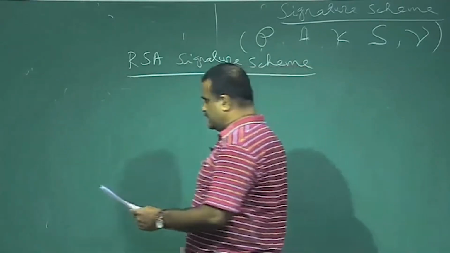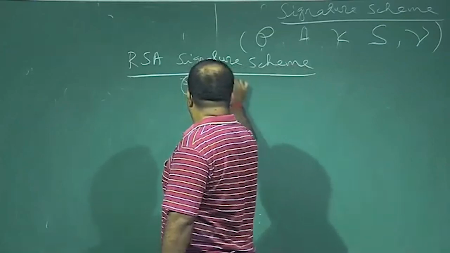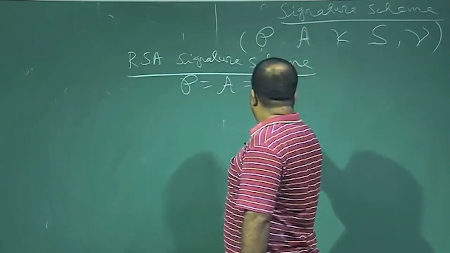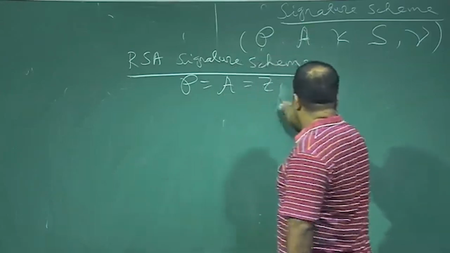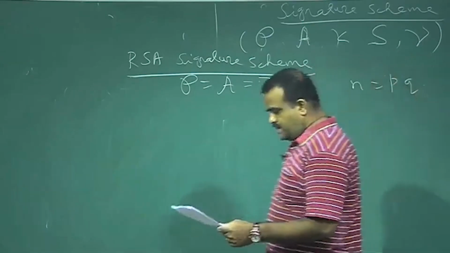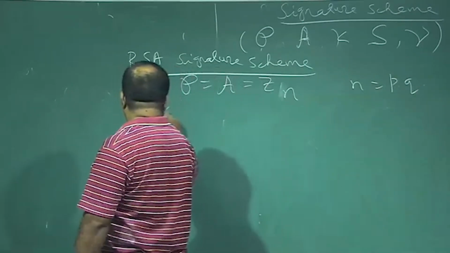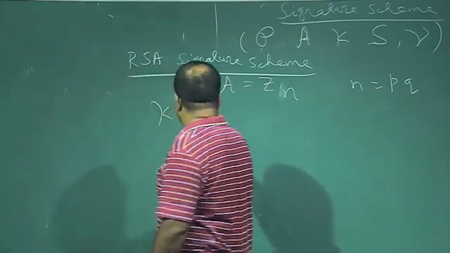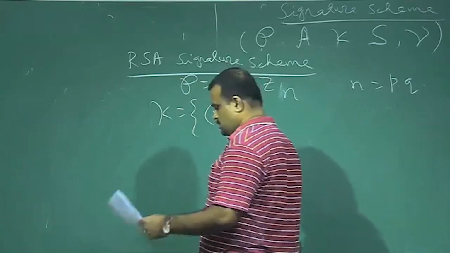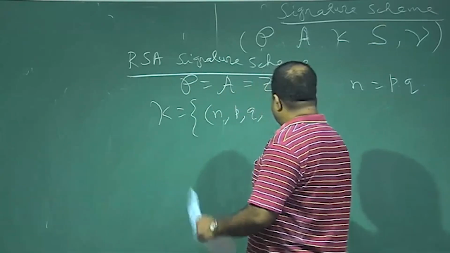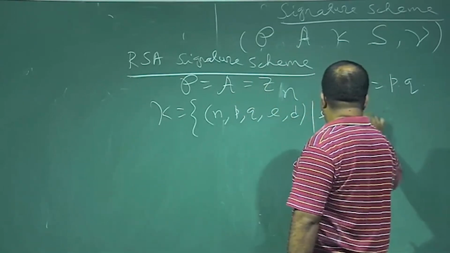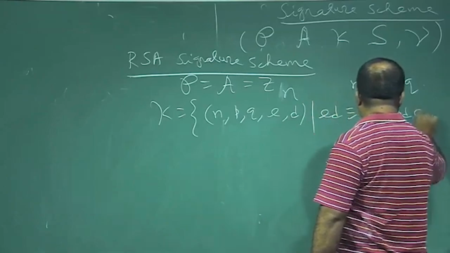In RSA signature, P is equal to A is equal to Zn, and n is equal to p times q, two primes, and the key space is basically this set: n, p, q, e, d such that e d is congruent to 1 mod phi n.